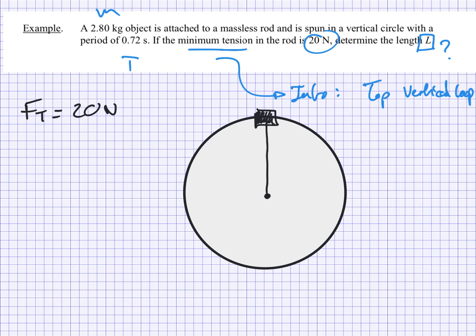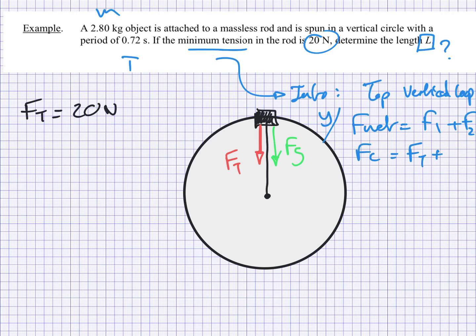So let's quickly analyze using our free body diagrams. We'll be good physics students. There's a tension there, and of course there's also gravity, and when we do our analysis in the y direction, the F net is equal to all of these forces, and that F net becomes the Fc. So the Fc, the force centripetal, is the sum of the two: force tension plus force of gravity.